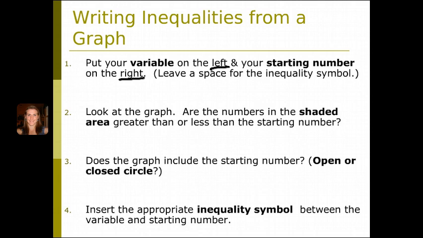Think, are the numbers in the shaded area greater than or less than your starting number? The third thing you'll need to do is think about, does the graph include the starting number? So do you have an open or a closed circle on your graph? And then last, you'll need to insert the appropriate inequality symbol between the variable and the starting number.